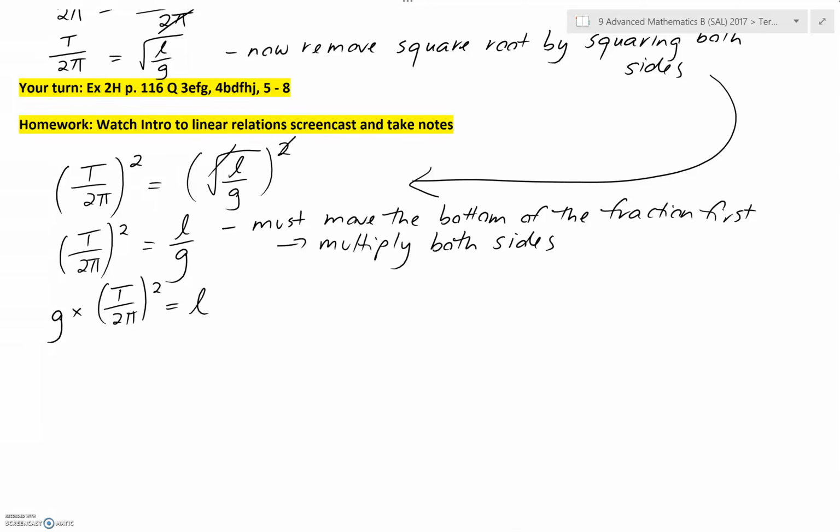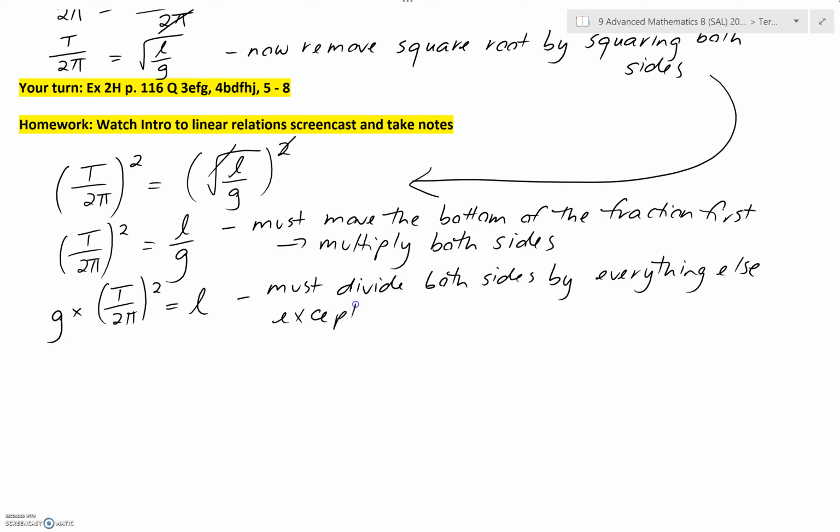Now, we need to get rid of what is multiplied by the g so that we've got g on its own. So in this case, t over 2 pi all squared is multiplied by the g. So we are going to divide both sides by everything else except g, because we want to get g on its own.